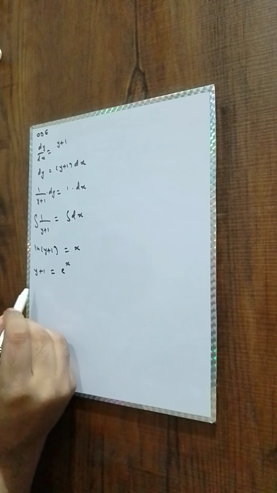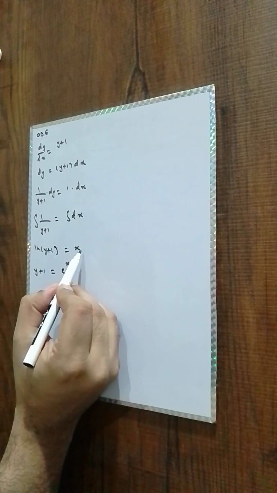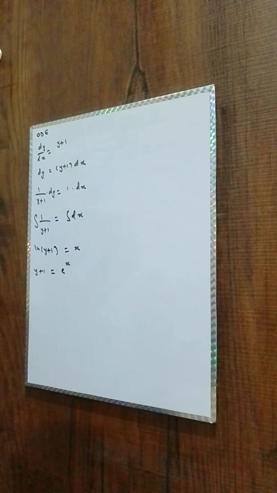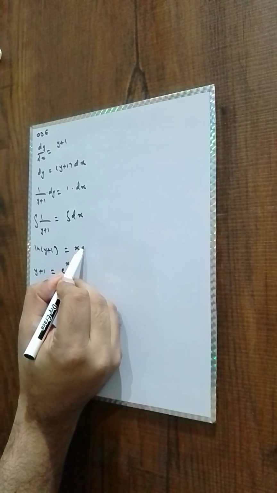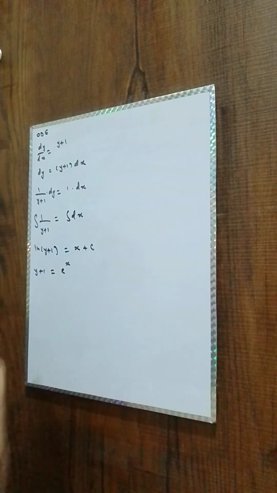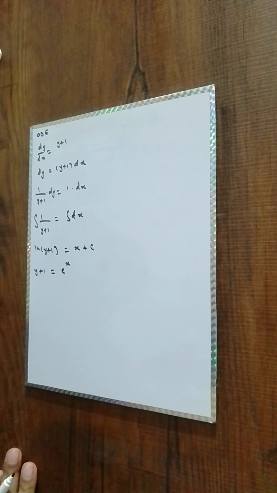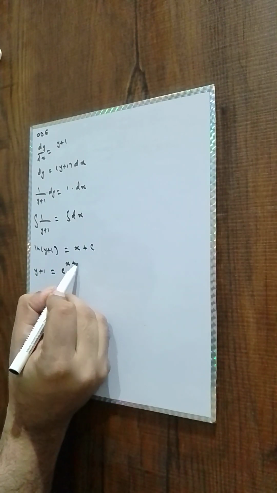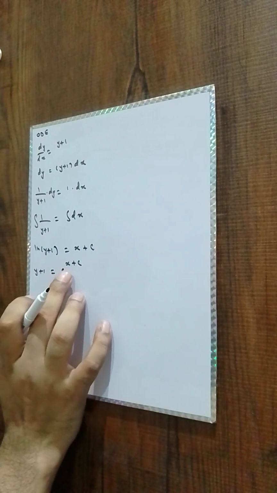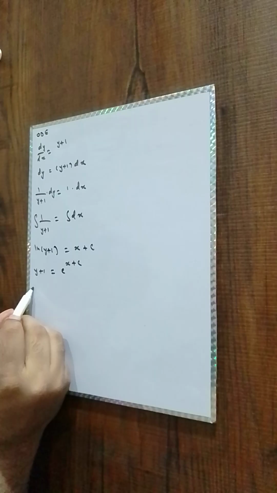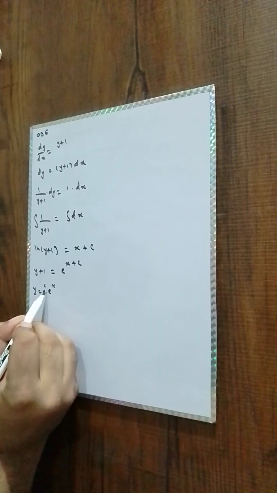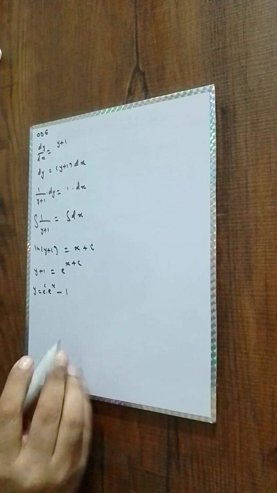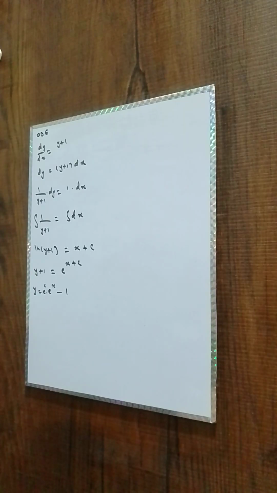Yes, and there's one more thing. As we're integrating, we add plus c, the constant of integration, and x plus c, everything goes into the exponent of Euler's number e. So y is equal to e to the c times e to the x minus 1. So this is the generic solution we have for this ordinary differential equation.